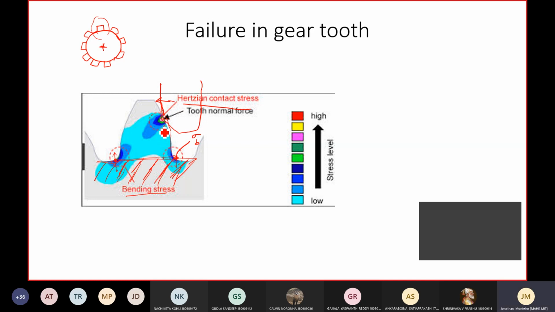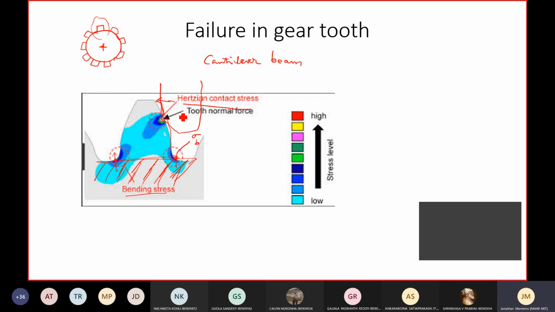So what are we dealing with here? It is the same as a cantilever beam. It is fixed at one end, and you are applying the force at the other end. Due to that, there is a huge amount of bending stress.